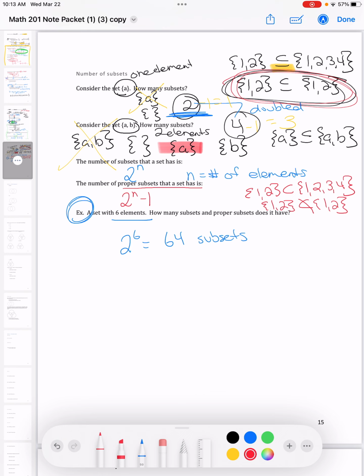So down here, the number of proper subsets would be 63. 1 less. You're subtracting, you're throwing away the subset that is equal. There's only one of those, so that's why we subtract 1. So these two formulas will tell us every time the number of subsets and the number of proper subsets.